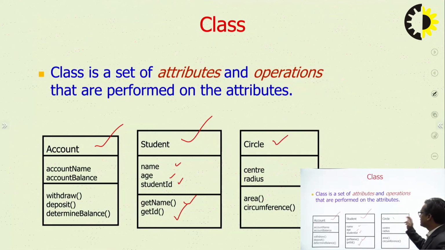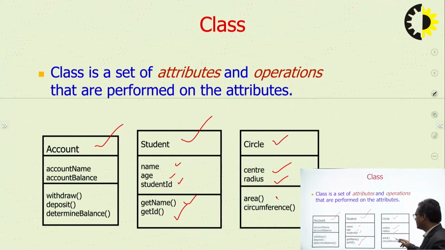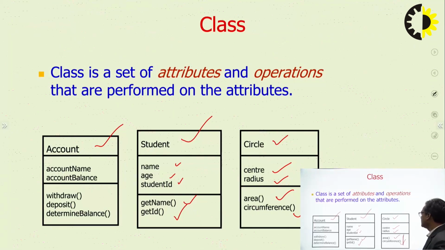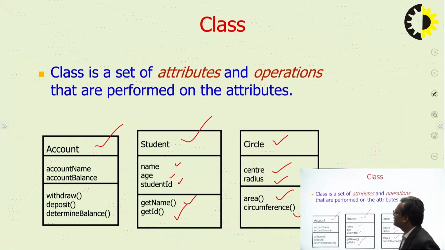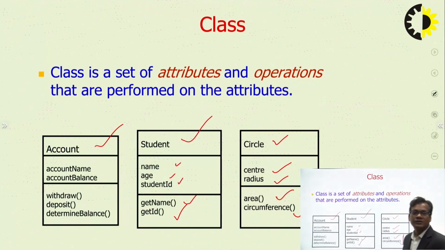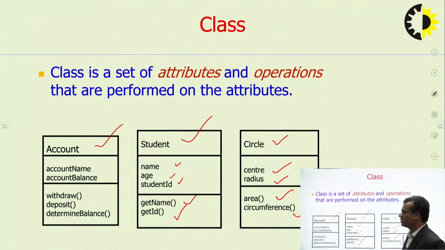There may be a class like Circle that may contain a center and radius, and area and circumference are the methods of the class Circle. In this way you can create a class, which is an abstract data type for your real world situation or problem.